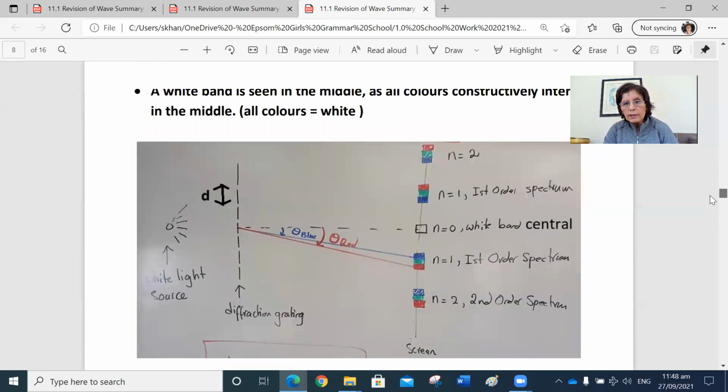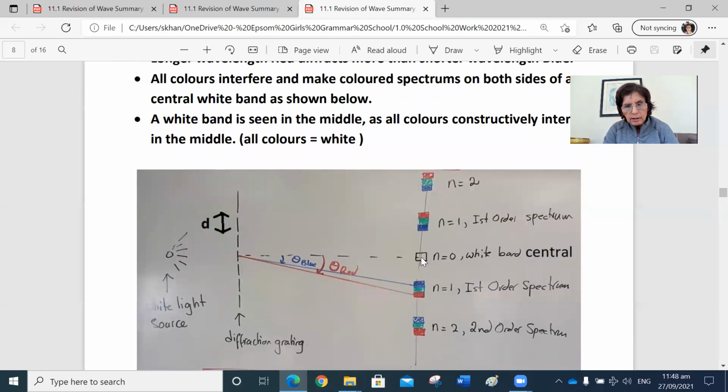Now, why is a white band formed in the middle? If there was a single color light, for example red light, you would see a red spot in the middle. If you were using green light, you will see a green spot here, and the other orders as bright spots. If you were using blue, it will be blue light here. White light is made up of all 7 colors.